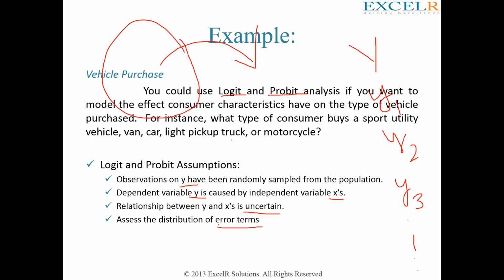I'm pretty sure you all know what an error and what a residual means. These are two names for the same thing. Wherever there is causation, you can use logistic regression, provided the other assumptions also hold true. That is, you need to have Y, which is attribute data, and all that.